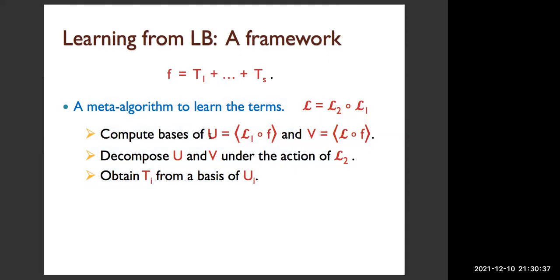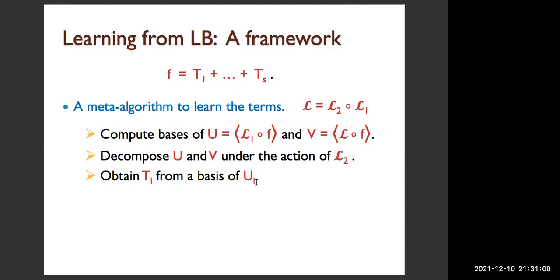You first compute a basis of U and a basis of V. Then you decompose U and V under the action of L2, and you will get U1 through US and V1 through VS. And now you obtain your terms from the Uis. Recall the Uis were just L1 applied on Ti, right?